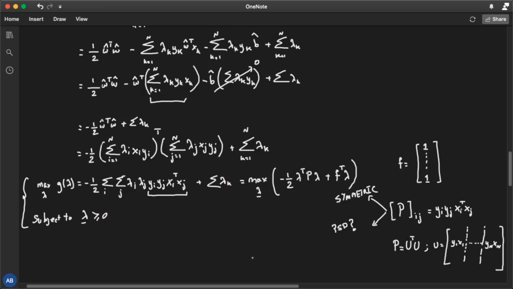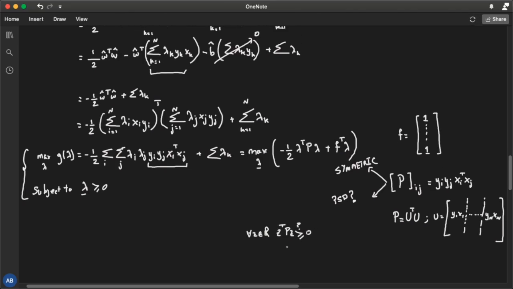Why is that? Well, using the definition of positive semi-definite matrices, for every vector Z you have to prove that Z transpose PZ is non-negative. Is that the case over here? Let's plug in U transpose U instead of P. We get Z transpose U transpose UZ, that is UZ transpose into UZ, which is the squared norm of UZ, which is always non-negative.